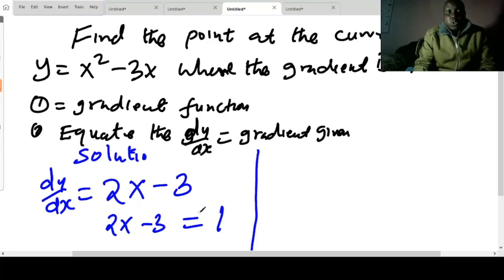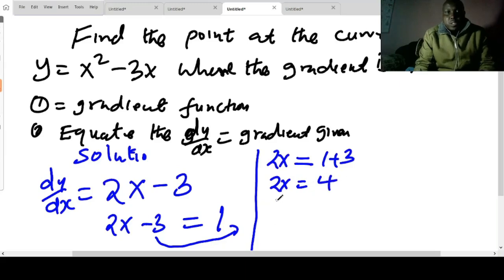We want to find the value of x. So 2x is equal to, taking this to the other side, 1 plus 3. So 2x is equal to 4. We divide by 2 here, and the value of x is equal to 2.